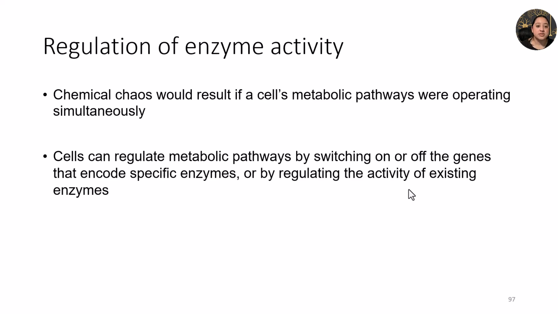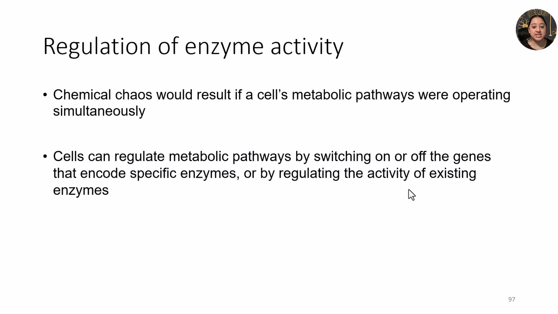So cells can regulate metabolic pathways different ways. You can, number one, switch on or off the genes that make enzymes, or you can also regulate the activity of the already existing enzymes. So it's kind of like back to the worker thing. You can hire fewer workers or more workers if you know there's going to be extra need or less need at a certain time of the year or whatever.